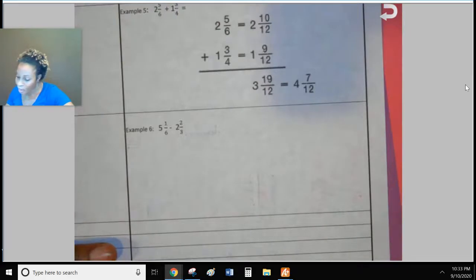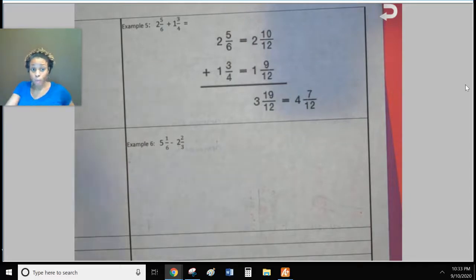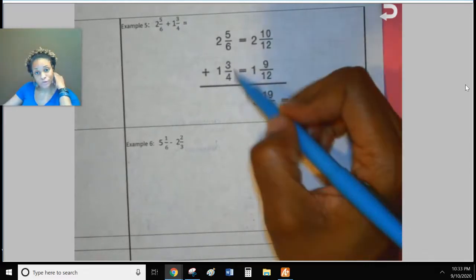There's a back. All right, so now we have to look at mixed numbers and possibly borrowing when we have mixed numbers. So this is exciting. Yes, it is. So we have 2 and 5/6 and 1 and 3/4.